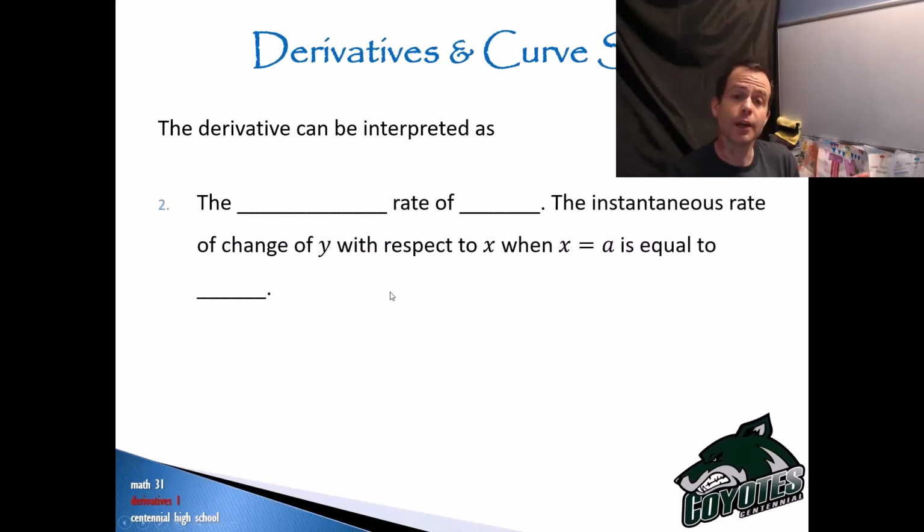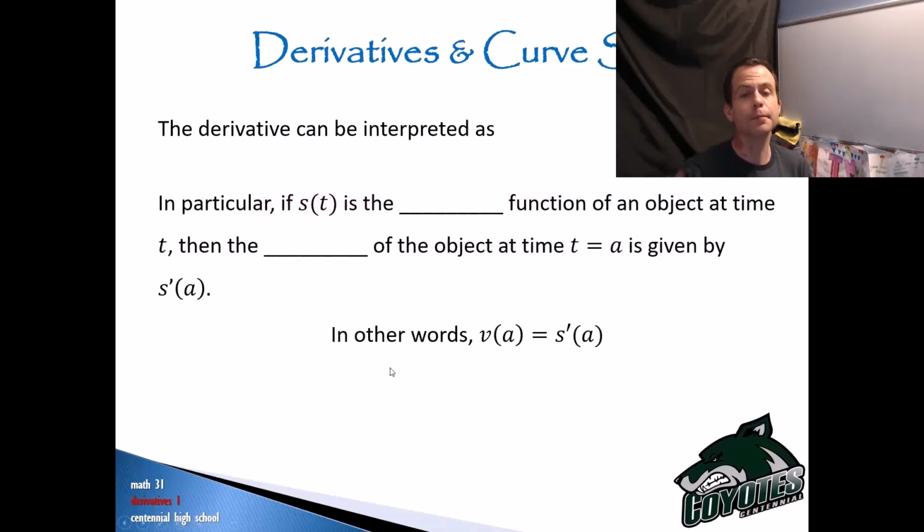The derivative can also be interpreted as the instantaneous rate of change, and this is something we've also already talked about. The instantaneous rate of change of y with respect to x when x equals a equals the derivative at a. Okay, the derivative of f at a, f prime at a. In particular, if s of t is the position function of an object at time t, then the velocity of the object at time t equals a is given by s prime of a.